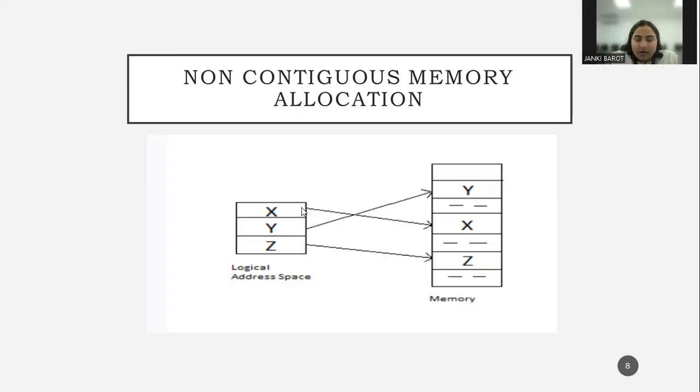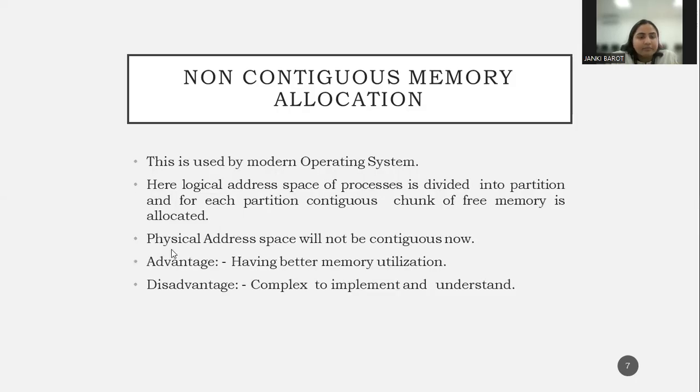Likewise, according to the size and the availability, the process will be allocated in main memory for the execution. So we can see that here the physical address space will not be continuous. The advantage of non-contiguous memory allocation is a bit better memory utilization.